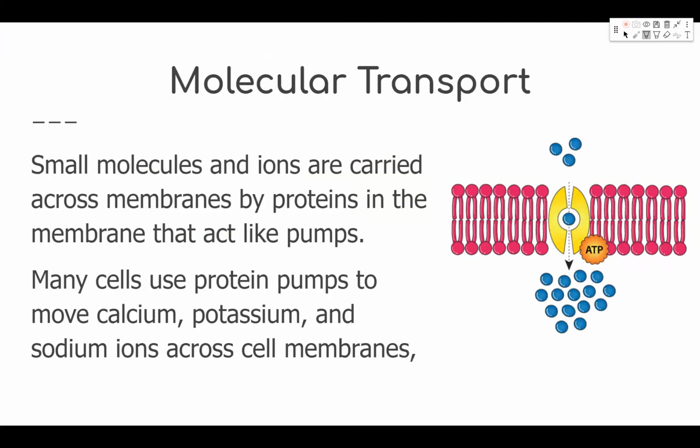The first is molecular transport. Molecules in molecular transport have special proteins that carry them across the membrane. They act like little pumps. Many cells use protein pumps to move calcium, potassium, and sodium, those little ions that can't freely move across the membrane.